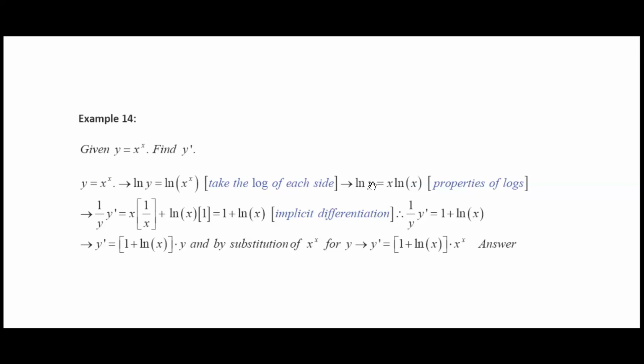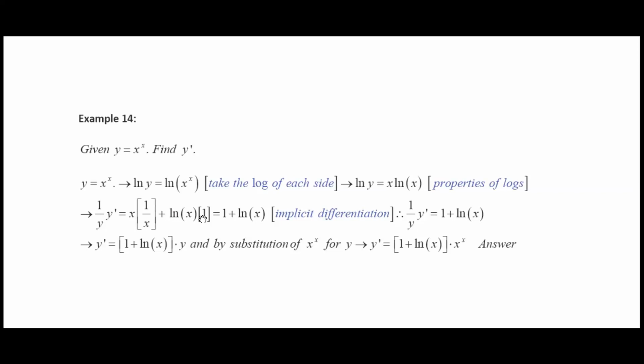Well, the derivative of ln of y is the derivative of y, which is 1 over itself, put a y prime with it. And then over here, I'm going to take this derivative. I've got to use the product rule, which is first, that's the first term. Now, the derivative of ln of x is 1 over x, plus the second, ln of x, times the derivative of x, which is 1.